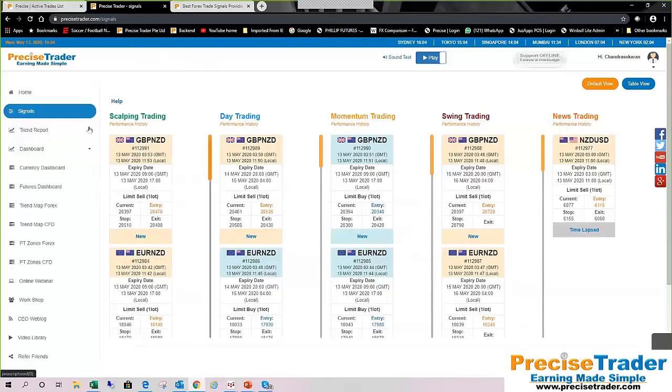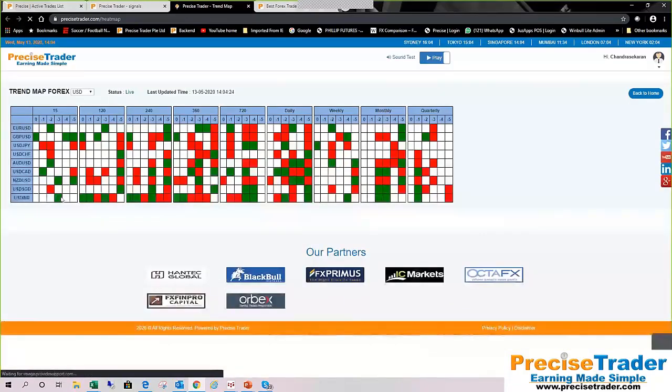Looking at this currently, all the markets are pretty flat. The daily is flat.